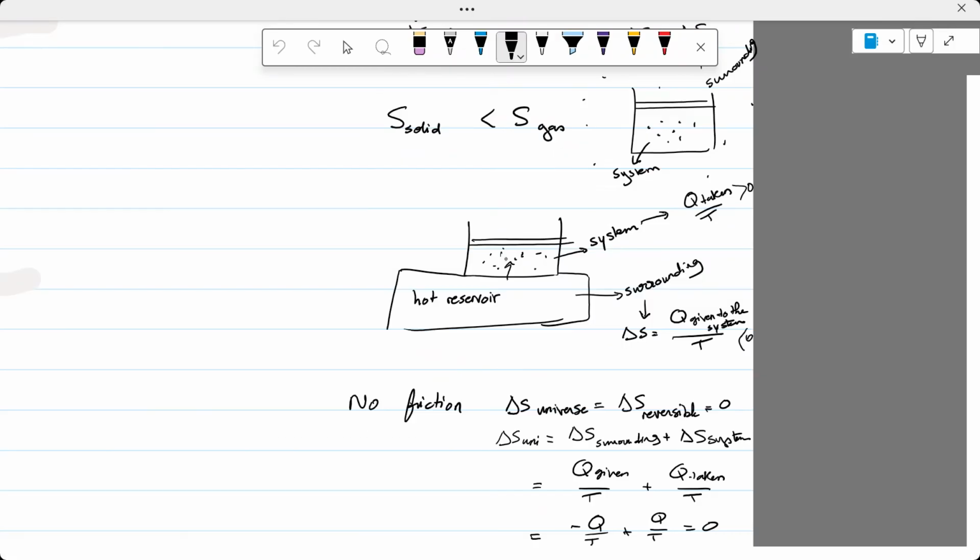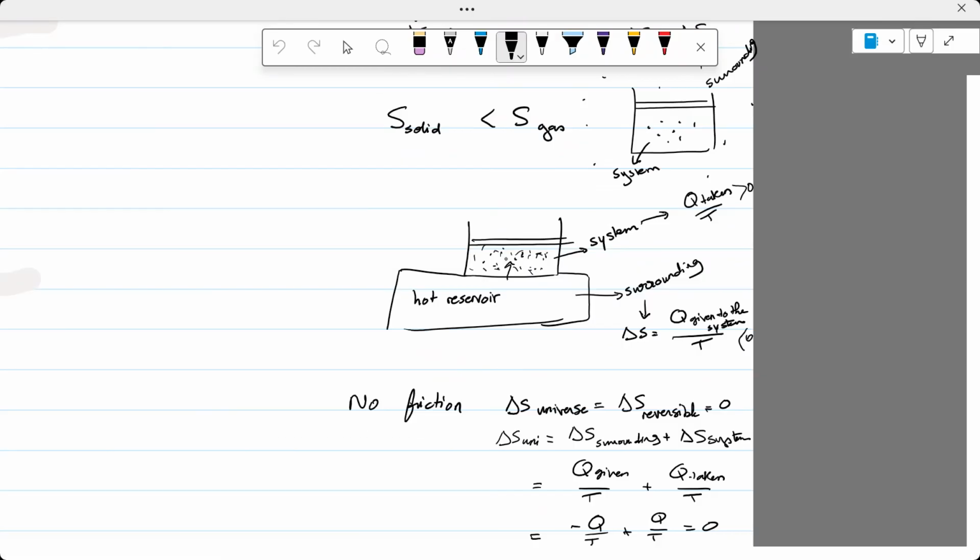The gas in this container. Do you agree? Yes. This is my system. Anything around it, as we said in the first slides, is a surrounding. So anything outside the system is a surrounding. The hot reservoir is a surrounding. The air around the system is a surrounding, right?